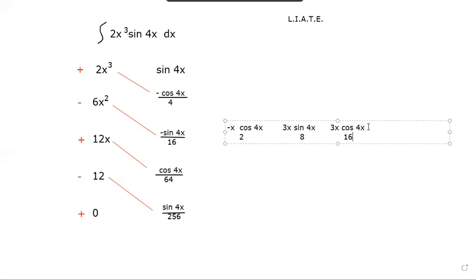And now 12 over 256. You definitely need to reduce this one. This will be what, if we divide both sides by 4, we'll do it, let's divide it.